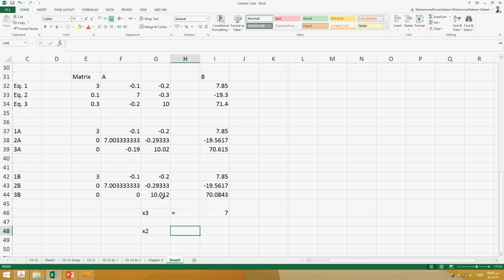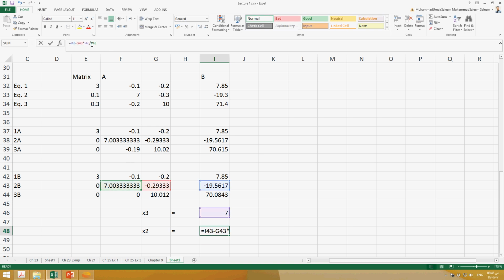Now you can get x2. X2 is with this one, so how can you find x2? This is x3, so, for example, minus, okay, I'll tell you how you can find it. This is this cell minus this cell multiplied by x3, then divided by this cell.